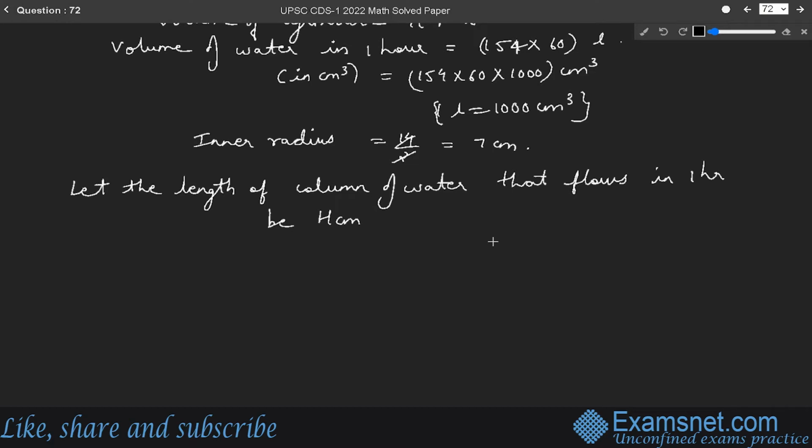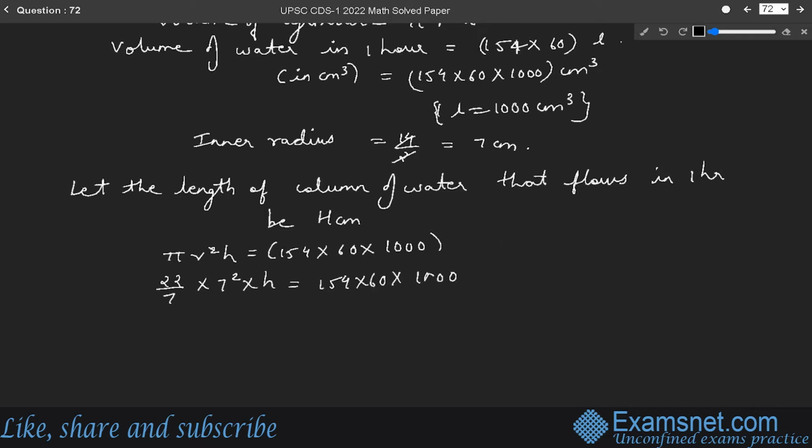So according to the question, volume of cylinder, which is pi r square h, is equal to 154 into 60 into 1000. On further solving this, we will get 22 by 7 into 7 square into h is equal to 154 into 60 into 1000.